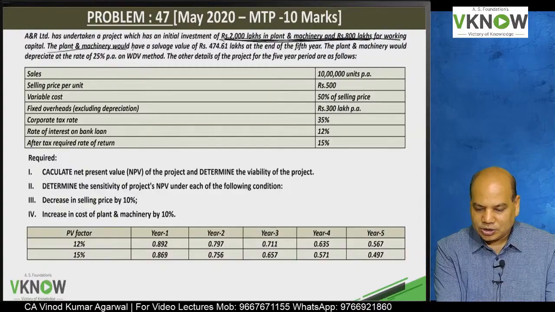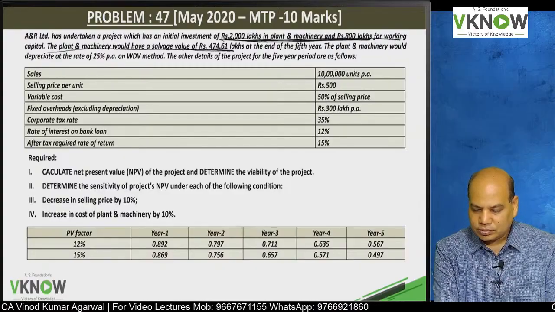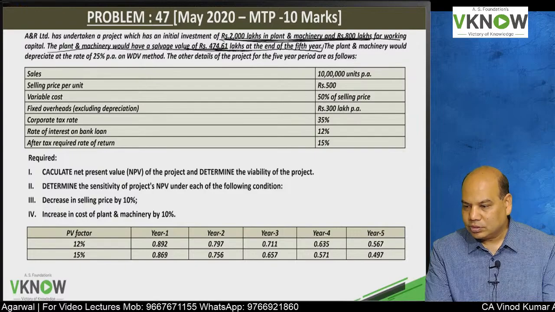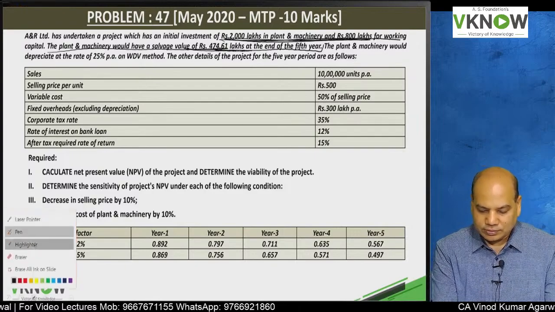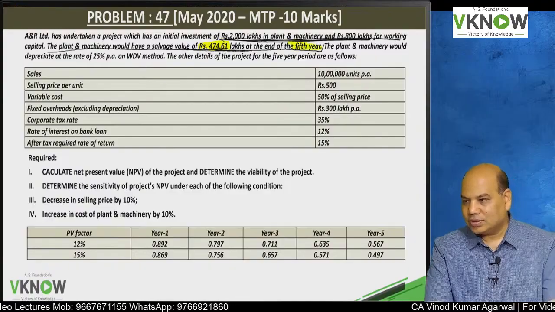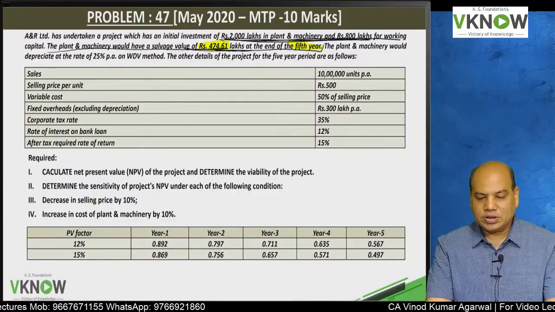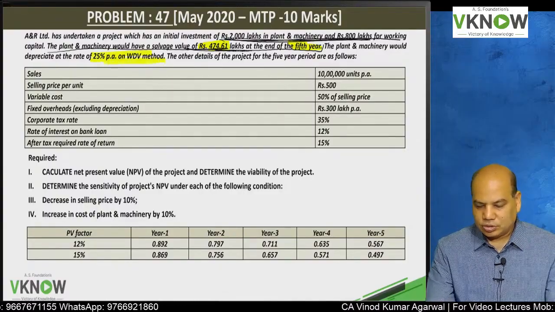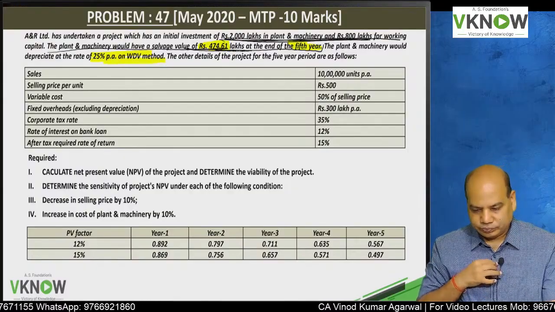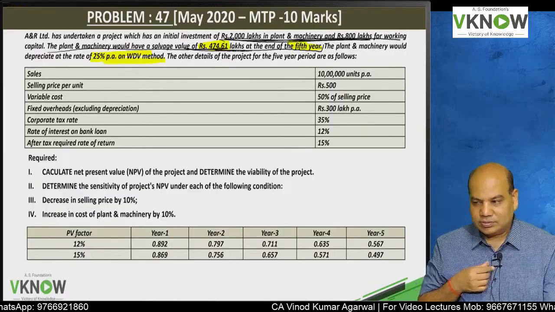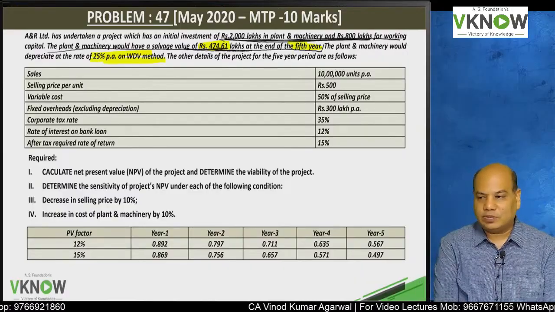The plant and machinery would have a salvage value of 474.61 lakh at the end of the 5th year. So salvage value is also given. That we'll consider in the last year. The plant and machinery would depreciate at the rate of 25% per annum on WDV basis. So this time your life is a little more miserable because you have to apply the WDV method.